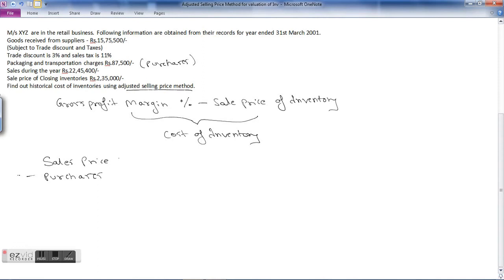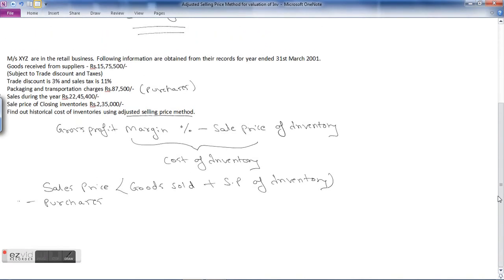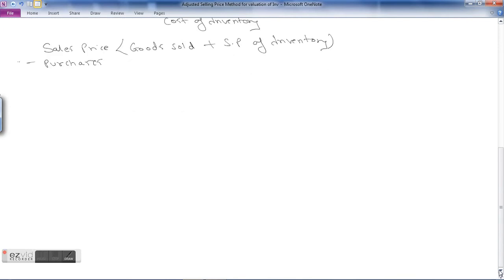Now in this total sale price, we need to add both, that is goods sold plus selling price of inventory, because our purchases include total purchases, right? So we'll add both goods sold plus selling price of inventory. Now this will give you gross profit margin, the gross profit. So now let's begin.